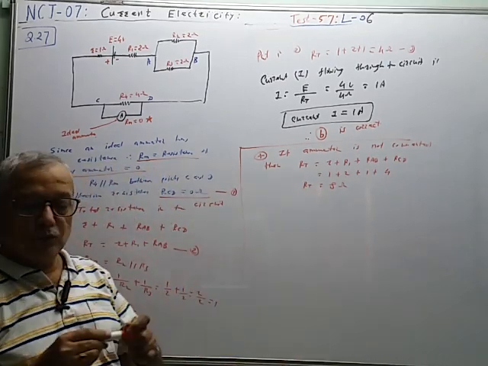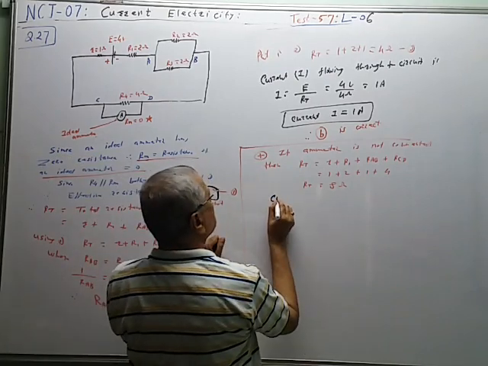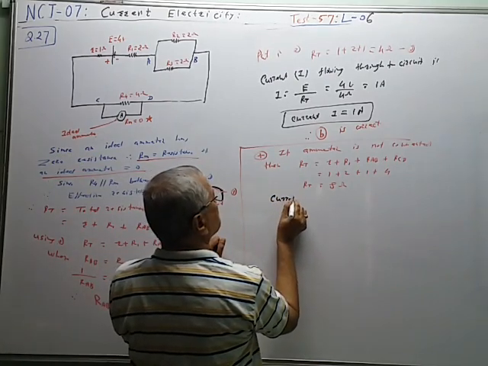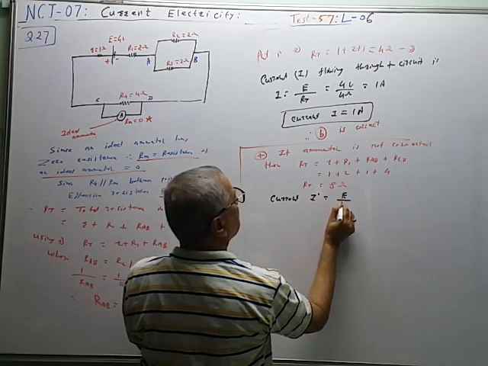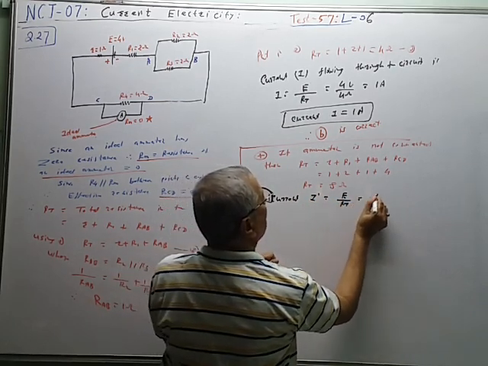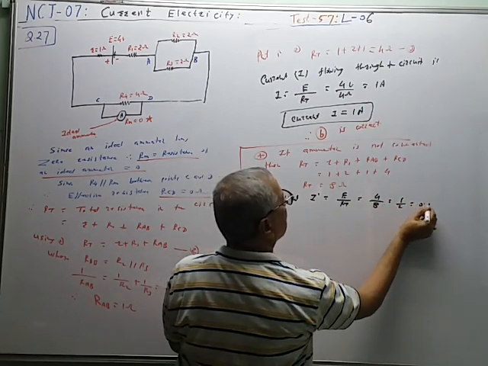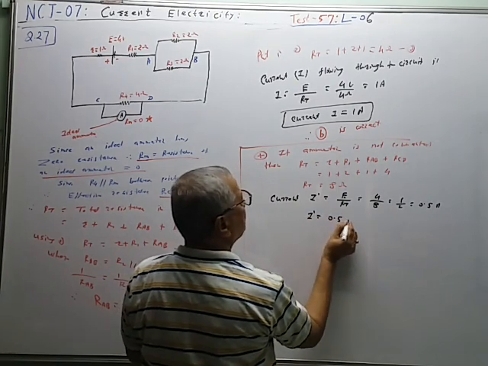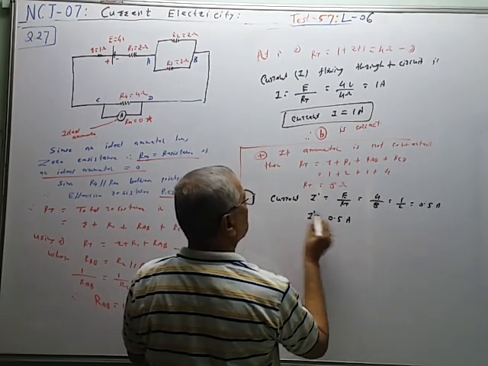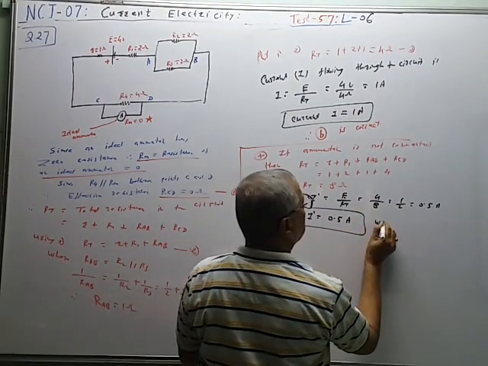RT is equal to 8 ohm, and therefore current I dash is equal to E upon RT, 4 volt upon 8 ohm, that is equal to 1/2, that is equal to 0.5 ampere. So I dash is equal to 0.5 ampere without ammeter.